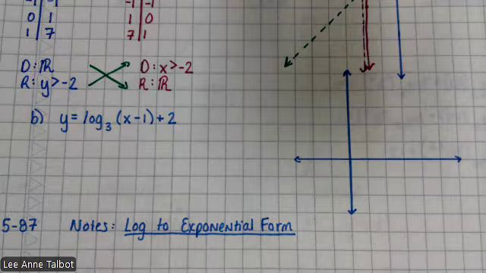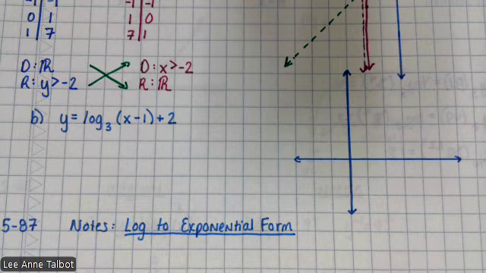Okay, so on B, this is not an inverse problem. This is just literally a logarithm problem. The directions are to graph it, but you need to also state the asymptote, the locator point, and the domain and range. So we're going to do it off of the blue sheets.